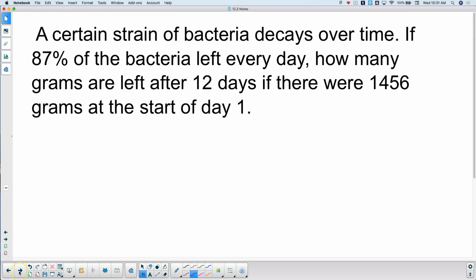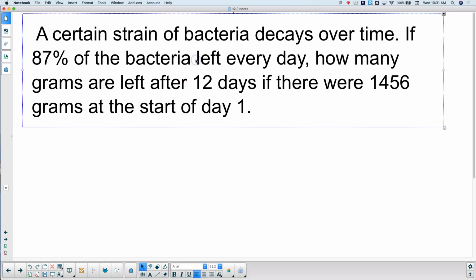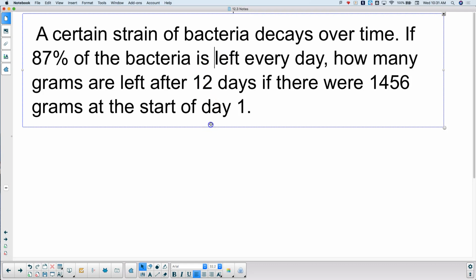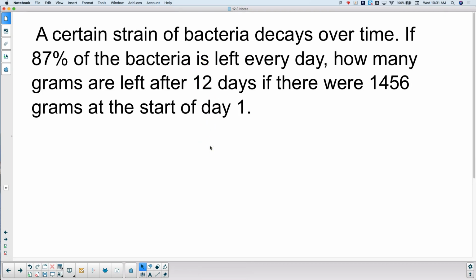One last one. A certain strain of bacteria decays over time. If 87% of the bacteria is left every day, how many grams are left after 12 days if there were 1,456 grams at the start of day 1?